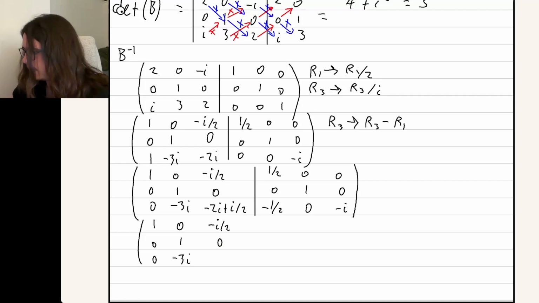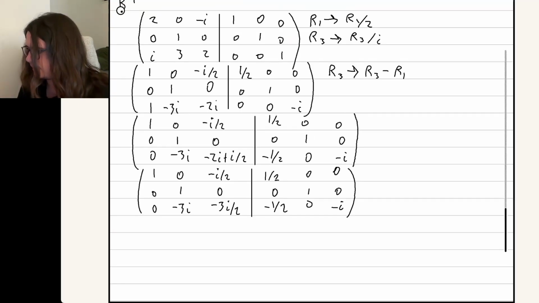So I over 2 minus 2I is just minus 3I over 2, right? Or it's 0 here, minus 1 half, 0, 1, 0, 0, 0, minus I, right?